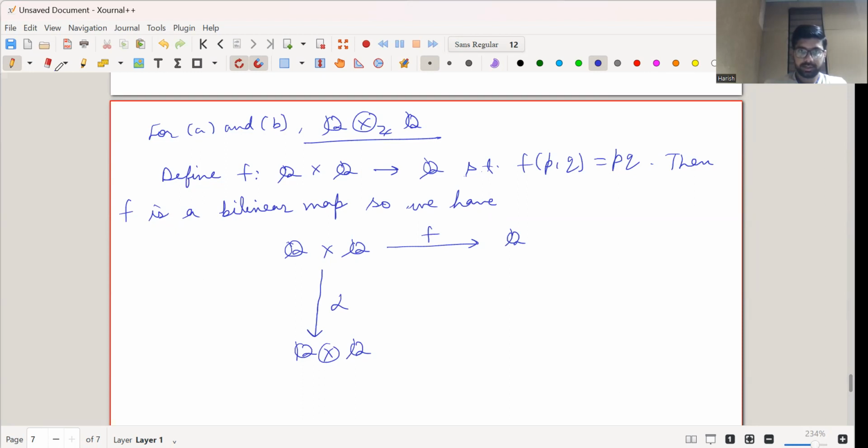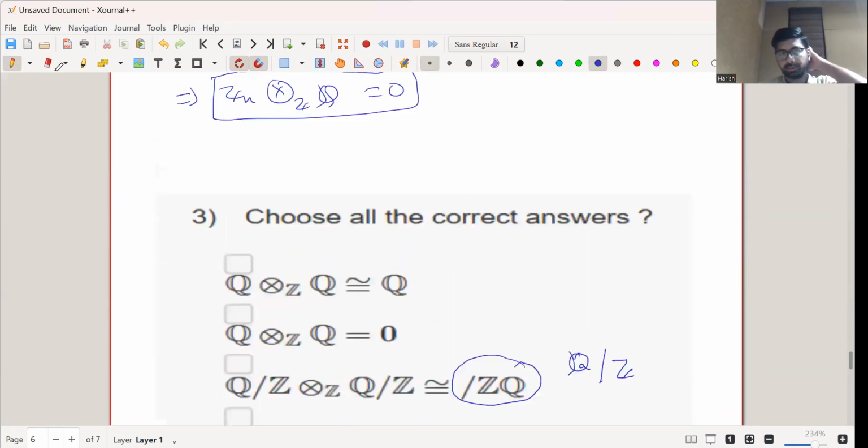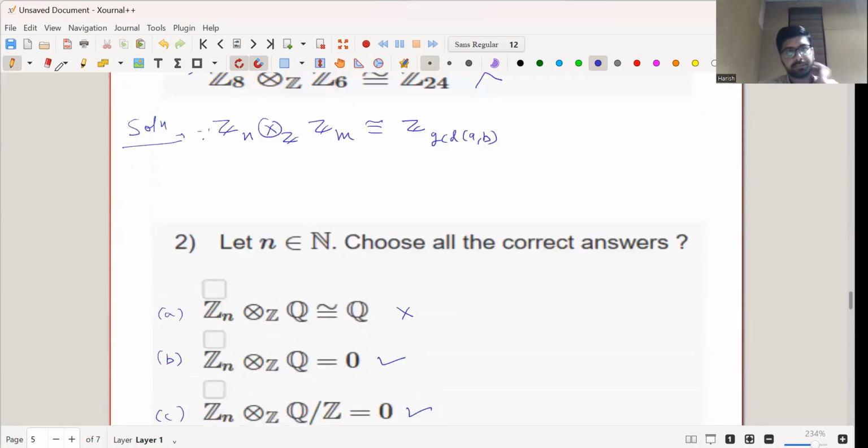So by the universal property of tensor product, what that universal property says is that for any P and for any bilinear map from M cross N to P, it induces an R-linear map, that is F tilde. That was the universal property. Now let me just go back once and recall it for you.